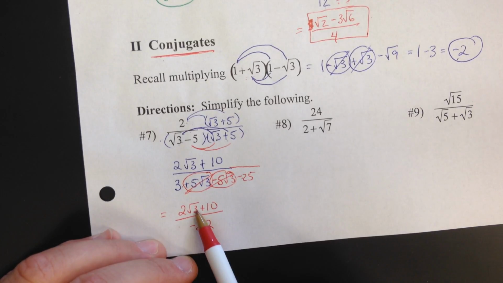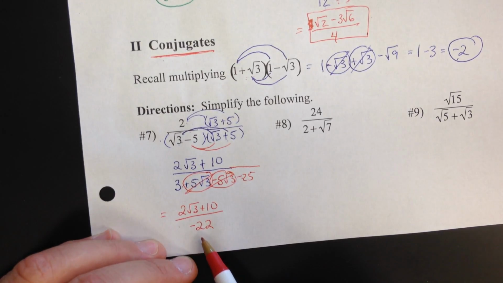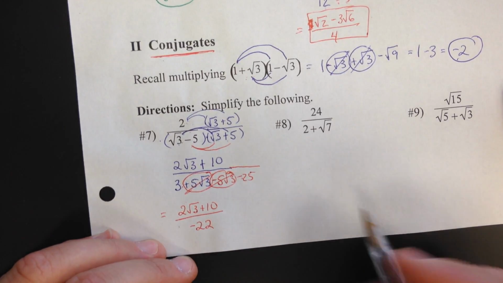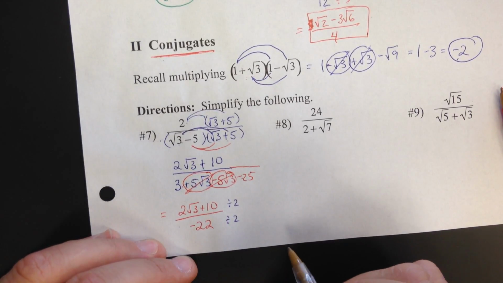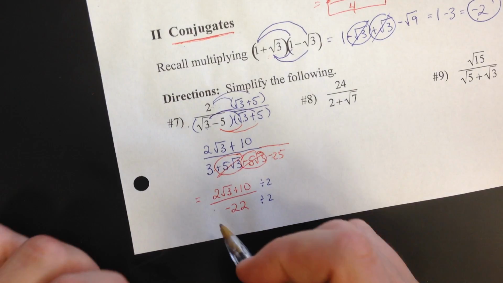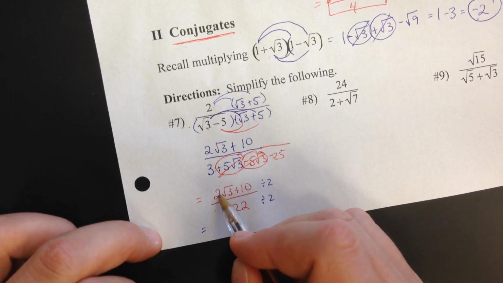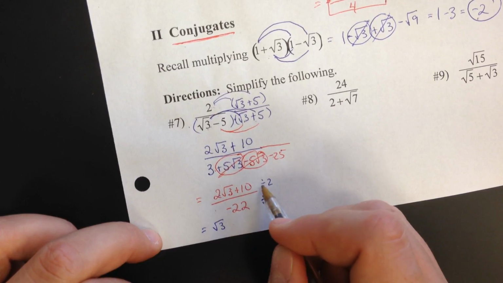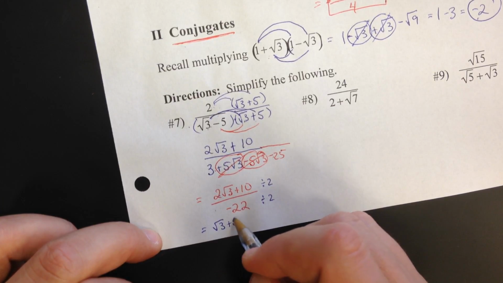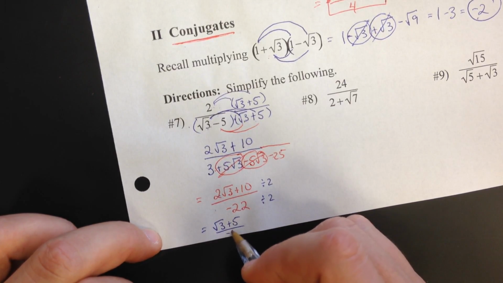Now ignore the radical number, square root 3, but look at the other numbers, 2, 10, negative 22. What can we divide out of all of those? We can divide everything by 2. So in the top, this 2 divided by 2, we get 1 root 3, and then this will be 10 divided by 2, which is 5, over negative 11.